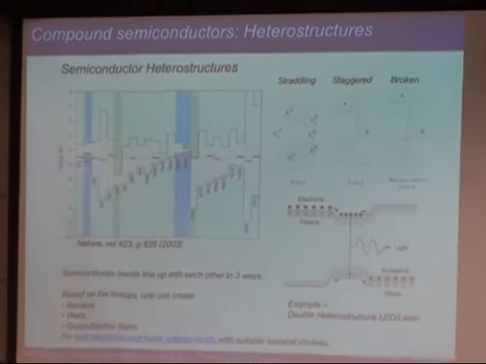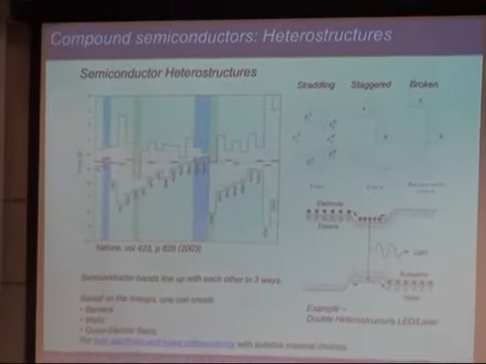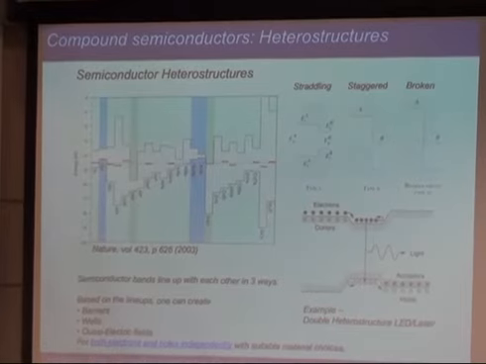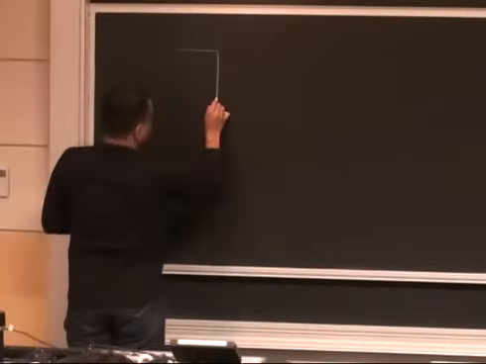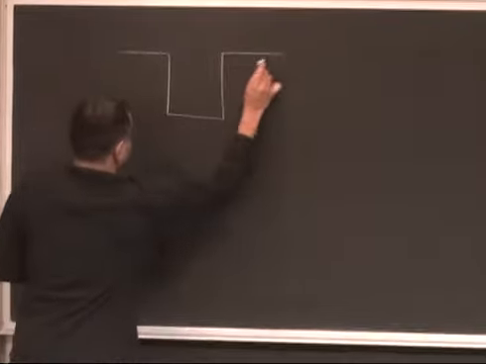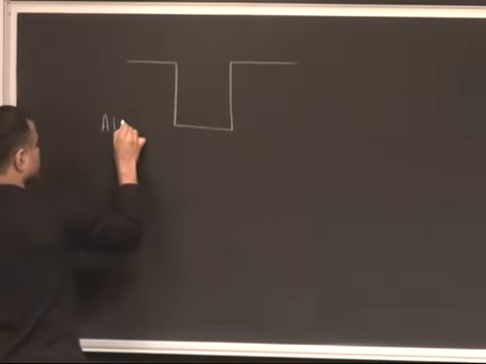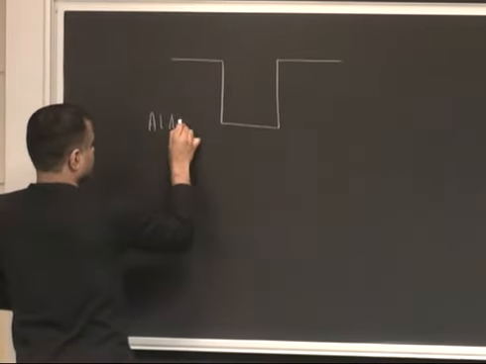That's what that is. So let's say I put together two materials, and I'm going to just sketch the band diagram now, and it looks something like this, right? And it could be aluminum arsenide, aluminum antimonide, or something like that.